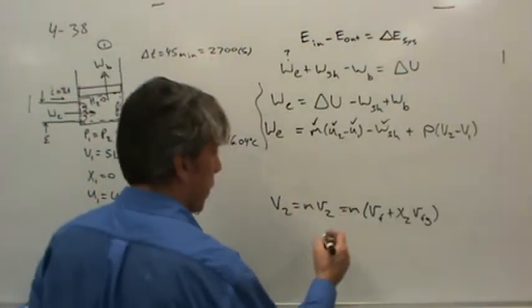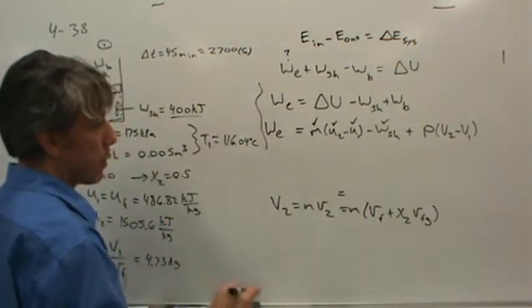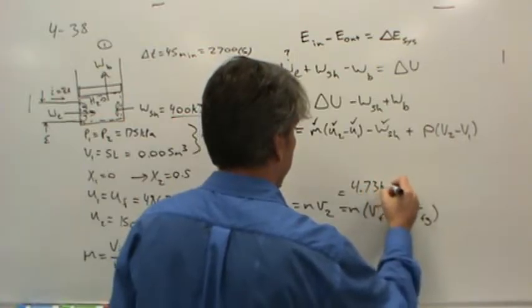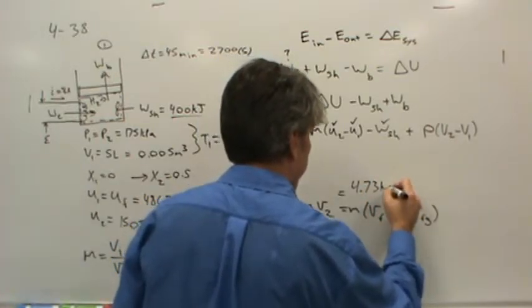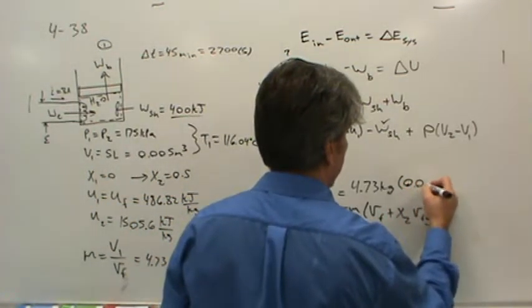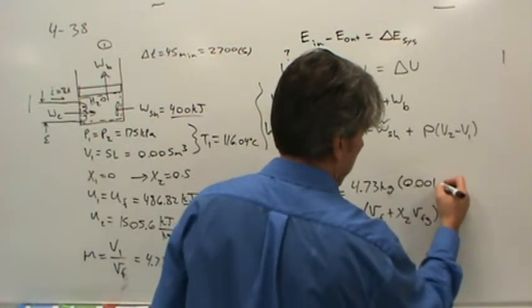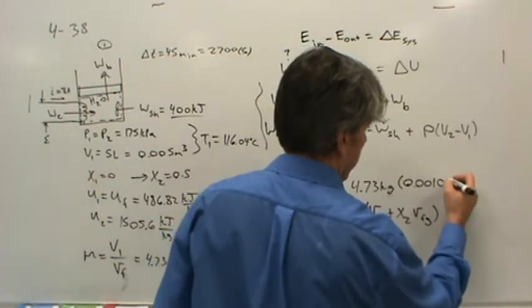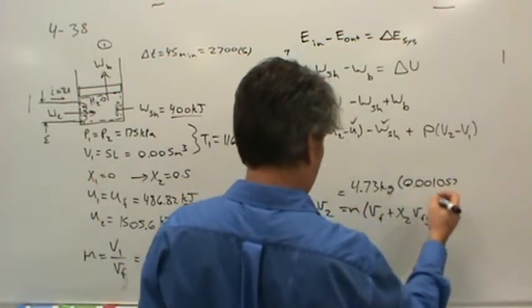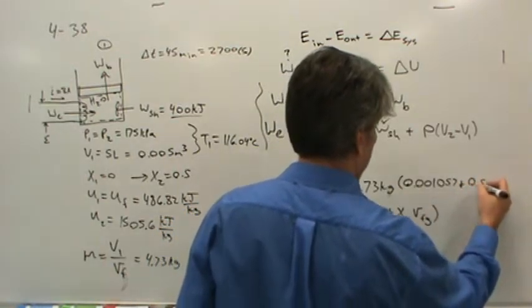So for now, let's go ahead and plug in numbers. I'm going to move up to make sure I'm on the video. So 4.73 kilograms multiplied by VF, which you told me was 0.001 what? 0.057? Yes. Okay. Plus 50%.